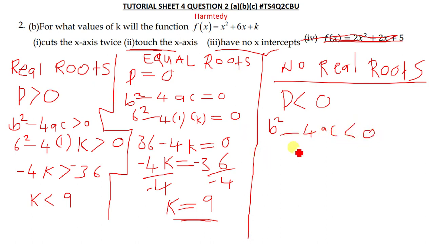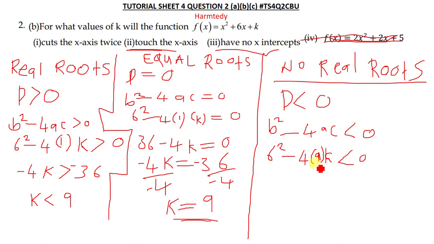So from there, what is our b squared? b squared is 6 squared minus 4ac is less than 0. So from there, our a is supposed to be 1, and then our c is k.